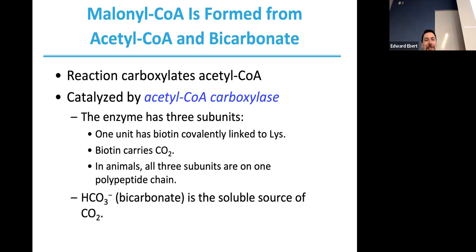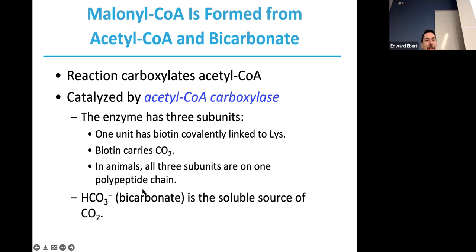So ACC is our acetyl-CoA carboxylase. This is a multi-subunit enzyme. There is a biotin in there, which is covalently linked to the enzyme, and that's going to carry the carbon dioxide molecule in there. And all 3 subunits are on 1 polypeptide chain.